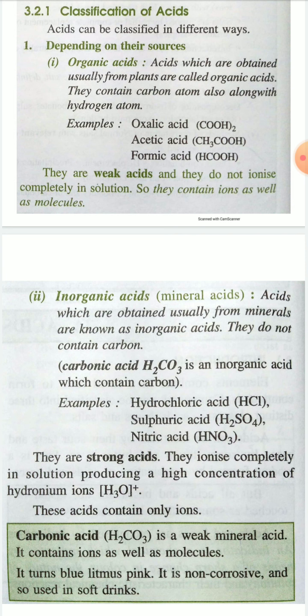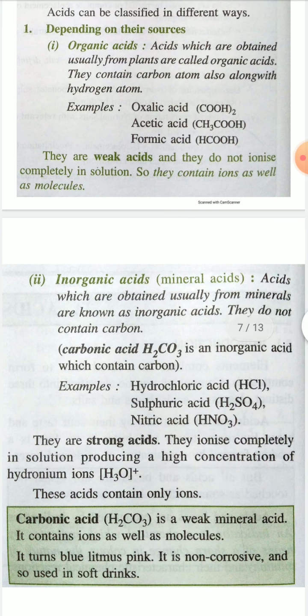Carbonic acid is a mineral acid which contains carbon, and it is also a weak acid. Generally mineral acids are strong acids, but carbonic acid is a weak mineral acid. Generally, a strong acid contains only ions in solution, but carbonic acid, although it is a mineral acid, is weak.